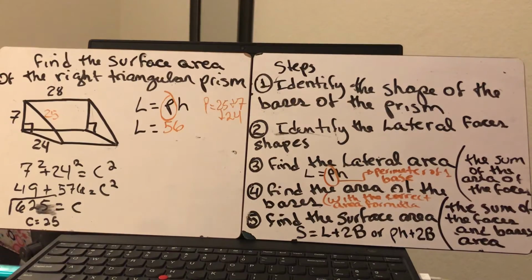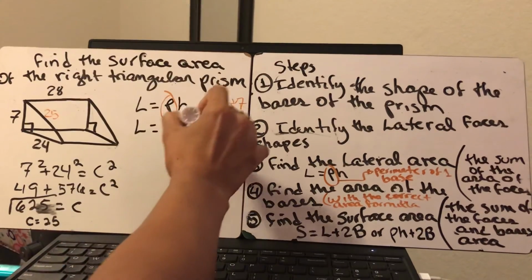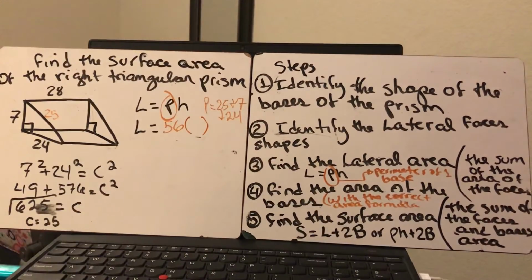And be careful with your height, because the height has to always be perpendicular. Sometimes your height is obvious, but sometimes you have to find it. In this case, my height is perpendicular.